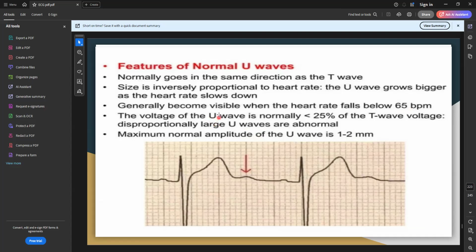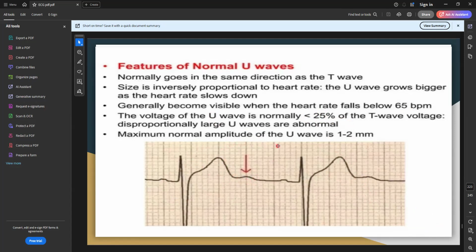Normally, the voltage of the U wave, that is the amplitude of the U wave, should be less than 25% of the T wave. This is the T wave. This is the T wave. This is the U wave. It is less than 25% of the T wave.